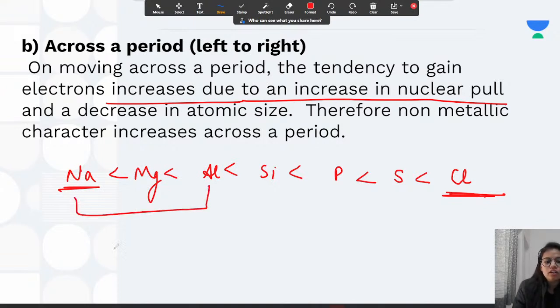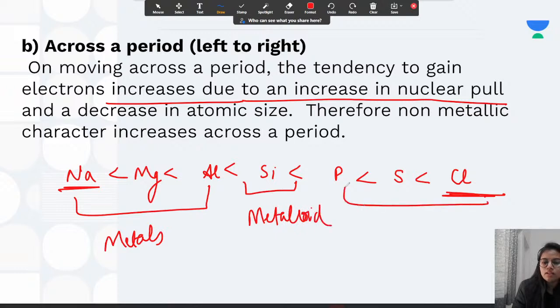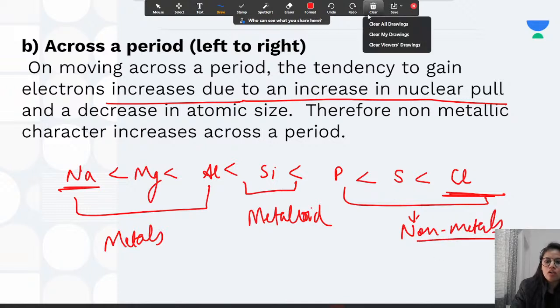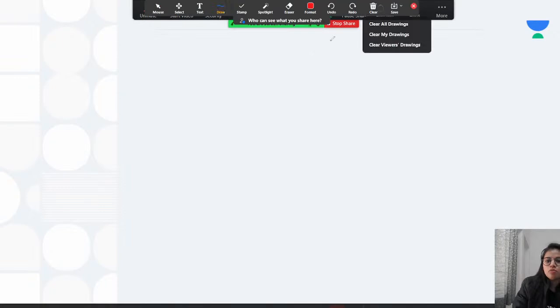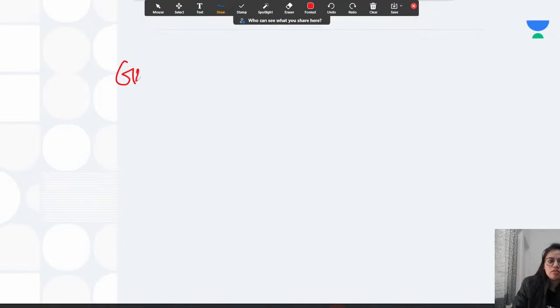So these are all metals, this is a semi-metal or metalloid, and these are the non-metals. And if I talk about the group case, as we move down the group, let's take group 14, the carbon family.